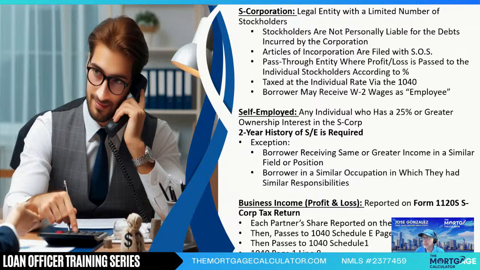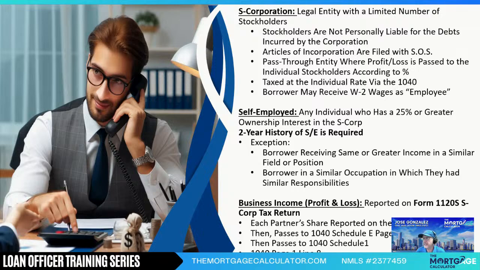So an S corp is a pass-through entity. Real important point here, where the profit and loss is passed to the individual stockholders according to their percentage of ownership. So I was mentioning the Schedule K1.